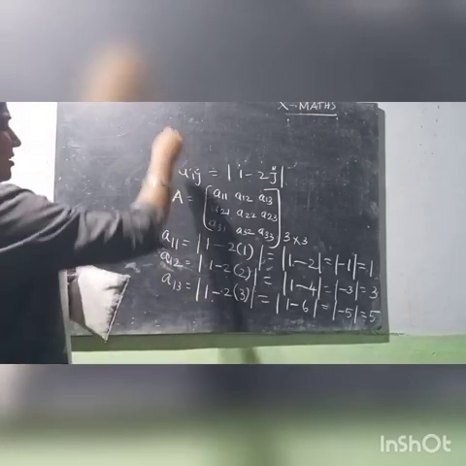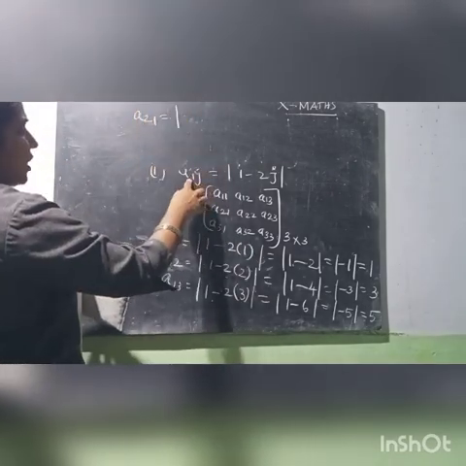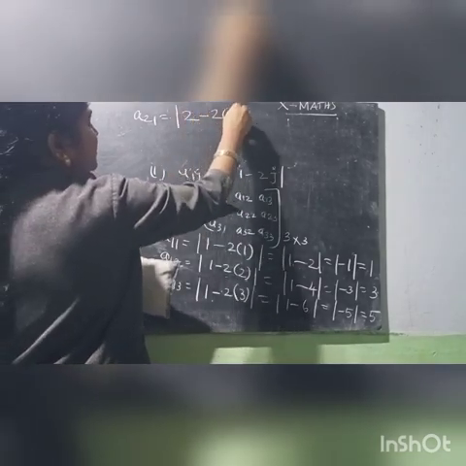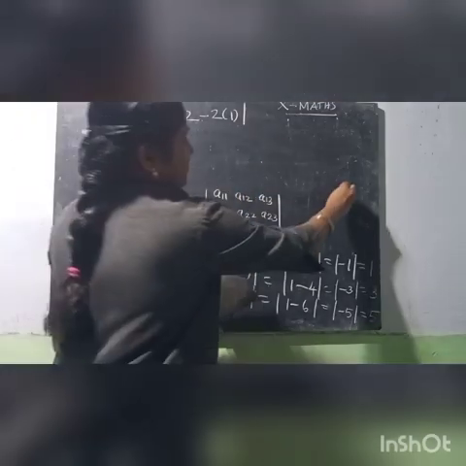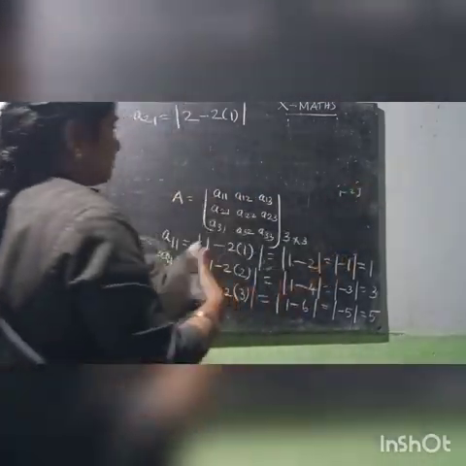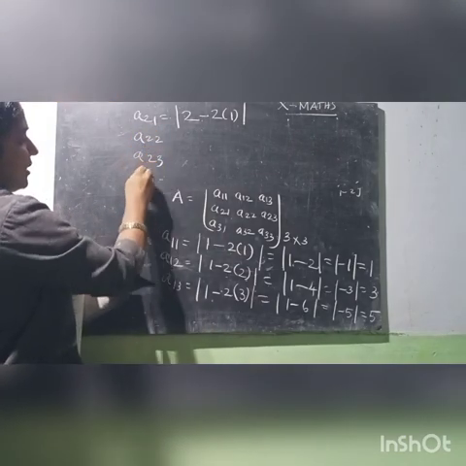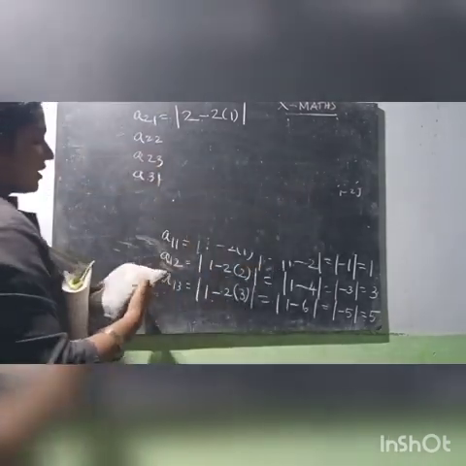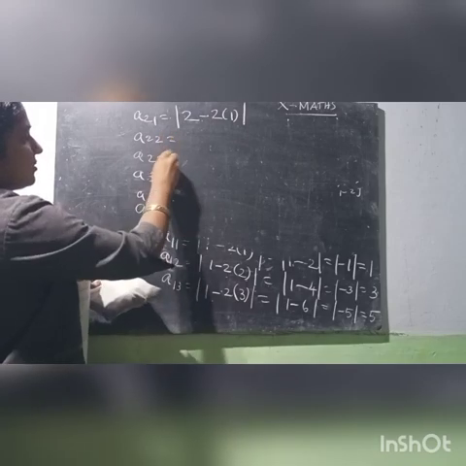Then next one, A21. Modulus, i value is 2, j value is 1. Then i minus 2j. Then next A22, then A23, A31, A32, A33.